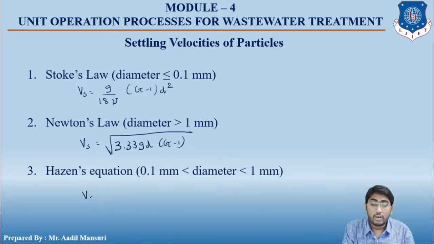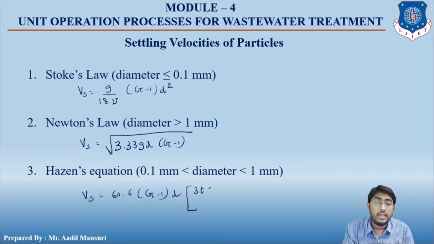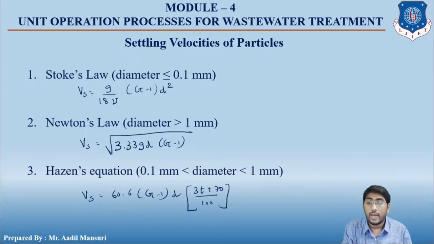According to Hazen's equation it is 60.6 into (G minus 1) into d into (3T plus 70) upon 100, where T is usually 27 degree centigrade. The rest everything is the same.